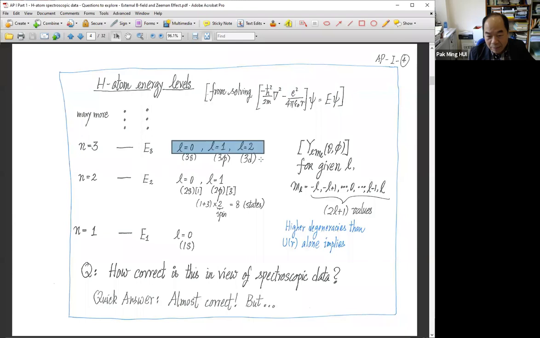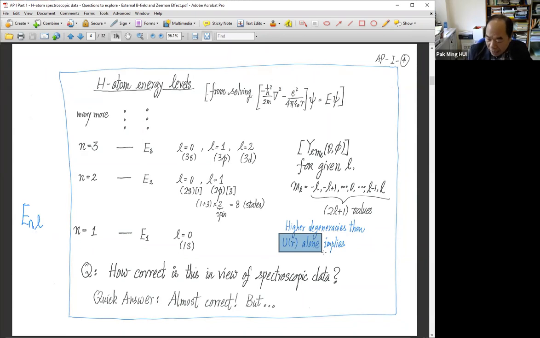all of them have the same energy, so they're higher energy, a higher degeneracy than expected from U of R alone. By that I mean, if it were only U of R alone, we have energy E depends on N and L. Okay?